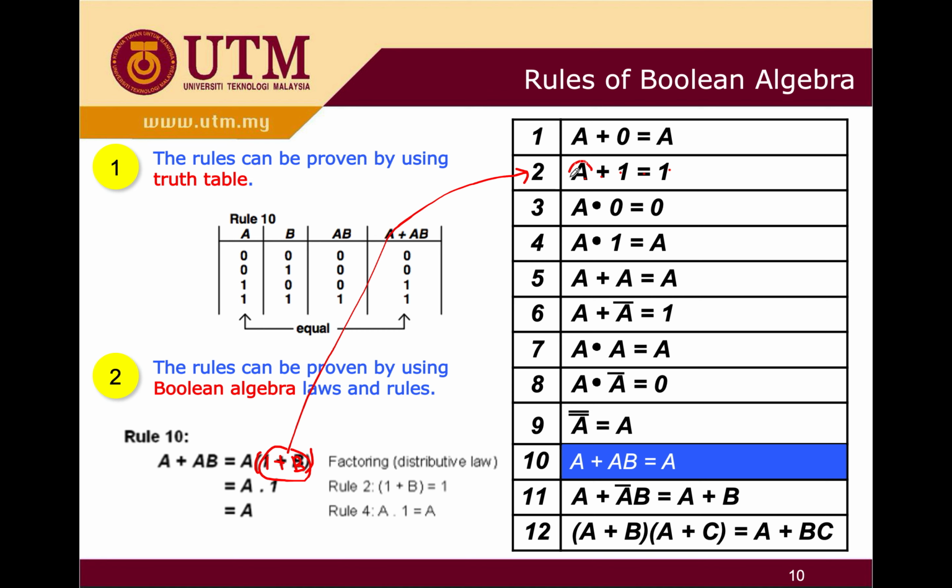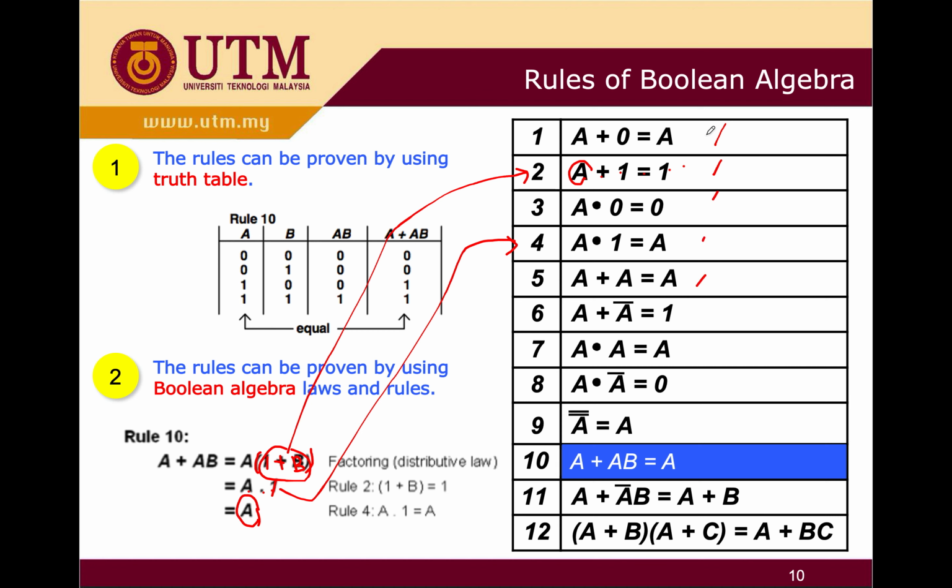Whatever variable here is similar to this. 1 plus B, you will get 1. So that's why you will get 1 here. And the answer is A dot 1. You will refer to rule number 4. Then you get A. But all the rules, we will prove after this.